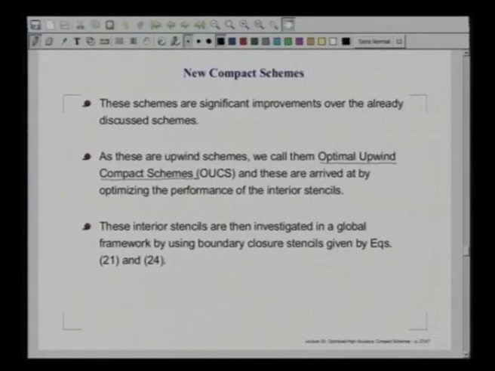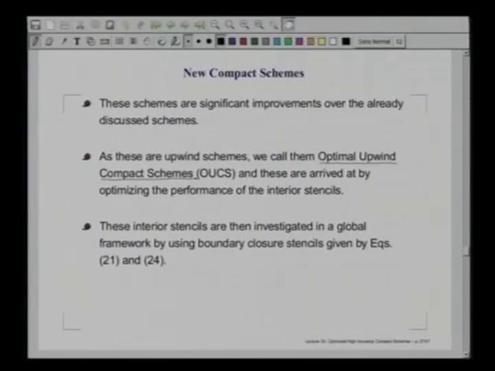Here in our HPCL, we have developed 4 such schemes, OUCS 1 to OUCS 4, and you recall that in one of the earlier lectures I showed you the properties of the OUCS 4 scheme. It was accurate all the way up to kh equal to 2.7 or so, and that was a significant achievement, probably the most accurate scheme available so far in the published literature.